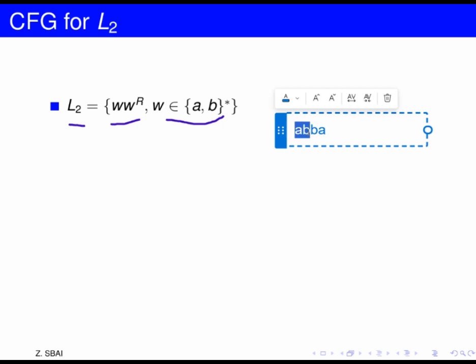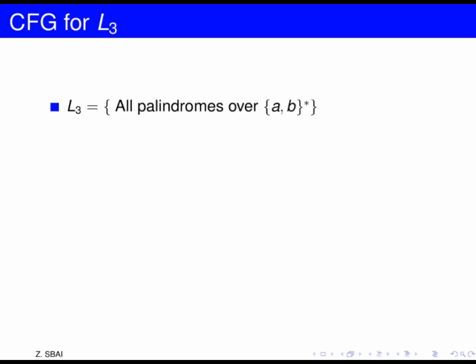The first one is AB and the second one is BA, the first part reversed. Another example is BBA and the second part will be ABB, for example. Try to find this grammar and write it in the comments.